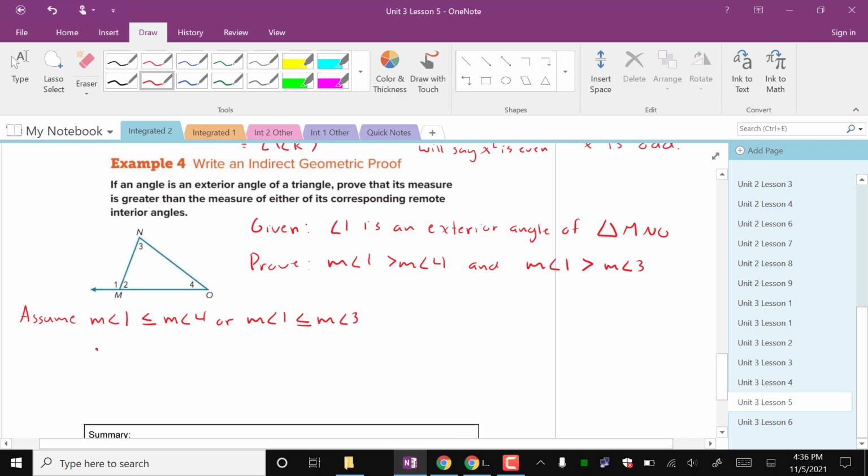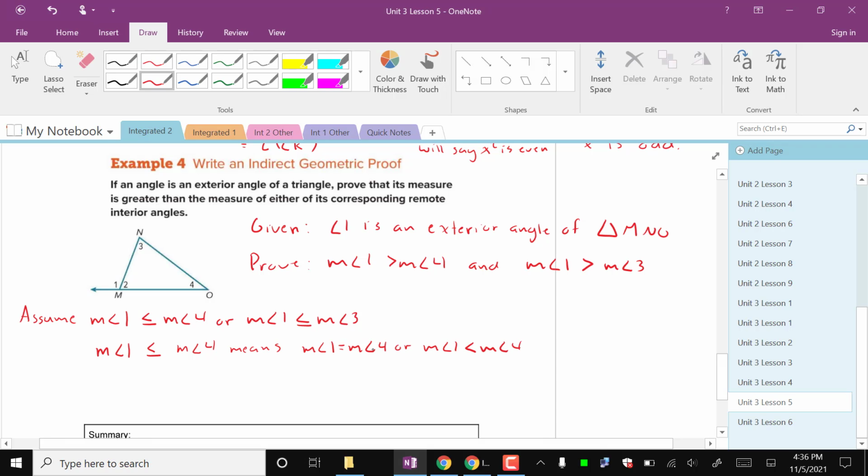So the measure of angle 1 is less than or equal to the measure of angle 4. So that means that it's either going to be equal to it, measure of angle 1 equals measure of angle 4, or it's going to be less than it, measure of angle 1 is less than measure of angle 4.